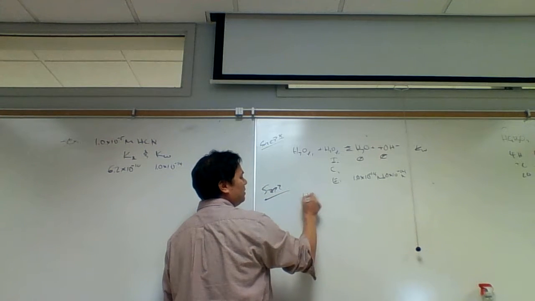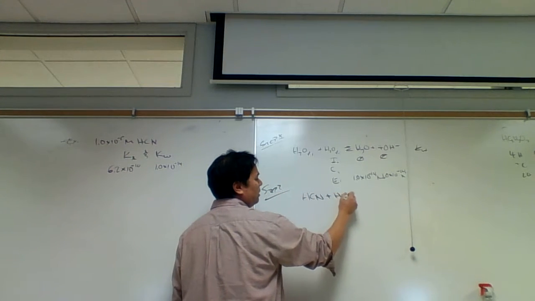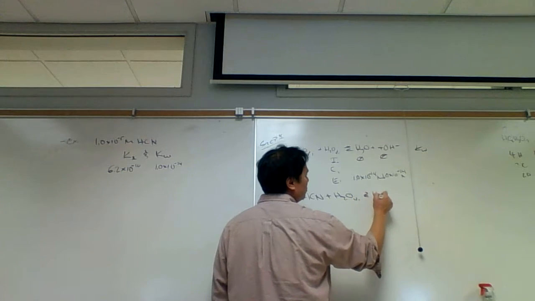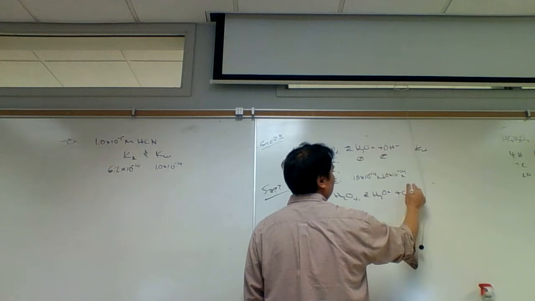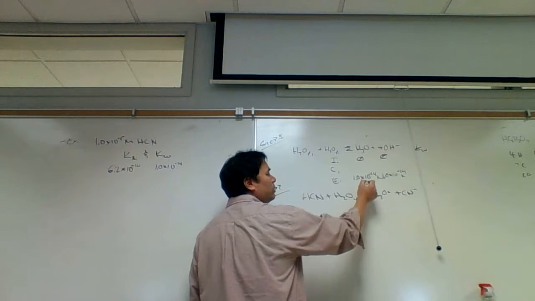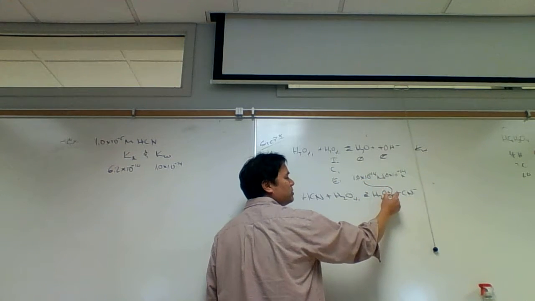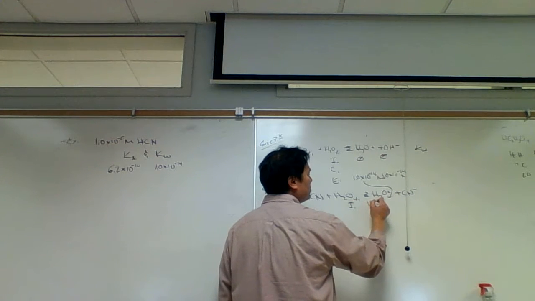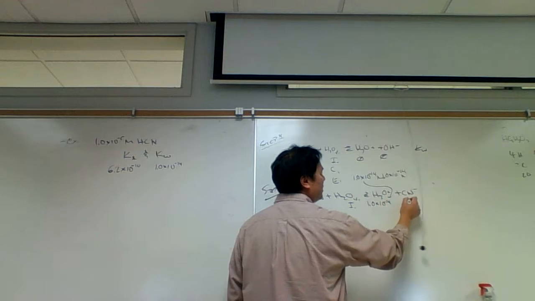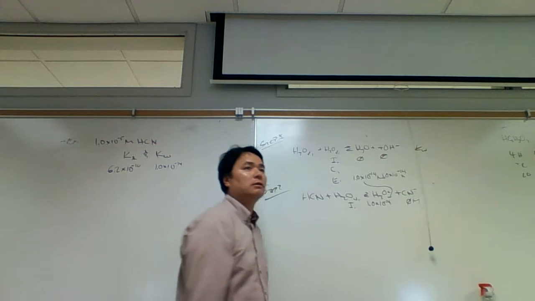Okay, then they go to step 2. When they go to step 2, they look at HCN will hydrolyze water, H2O liquid, to produce hydronium and cyanide. And now we're going to drop down the hydronium that was produced in step 1 here. And so the initial conditions will be 1.0 times 10 to the minus 14 and 0. Is that what they got?